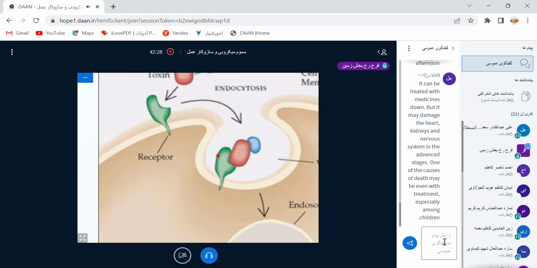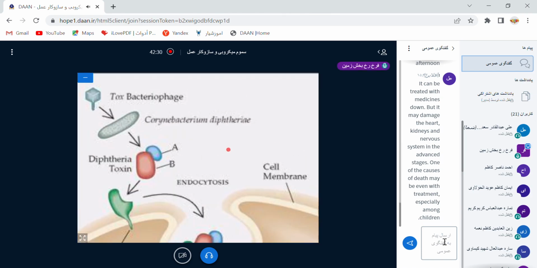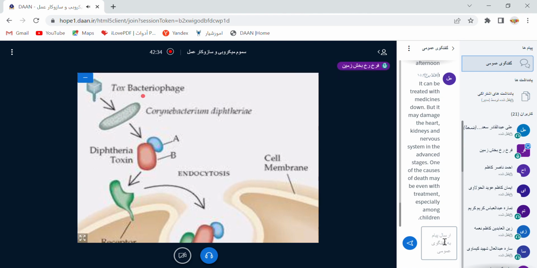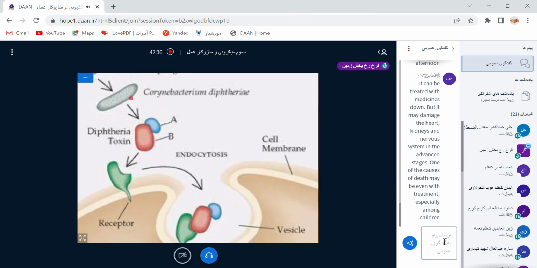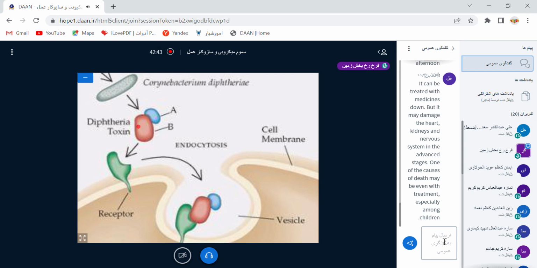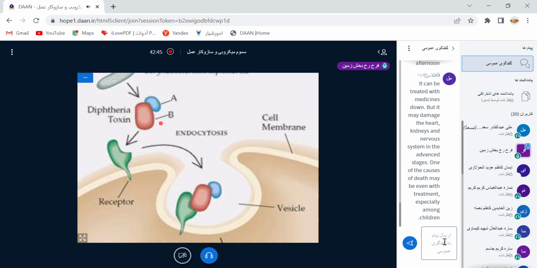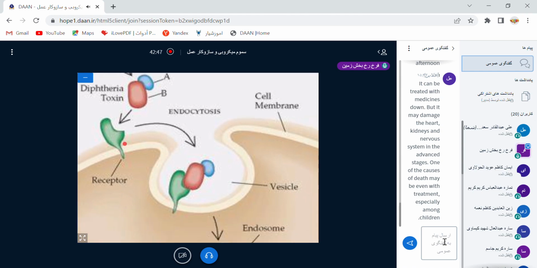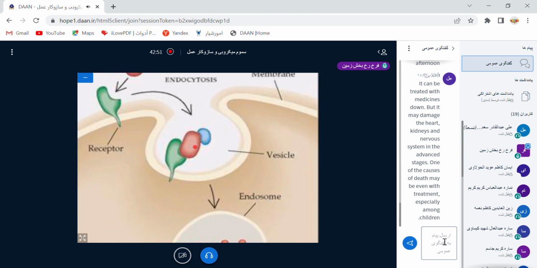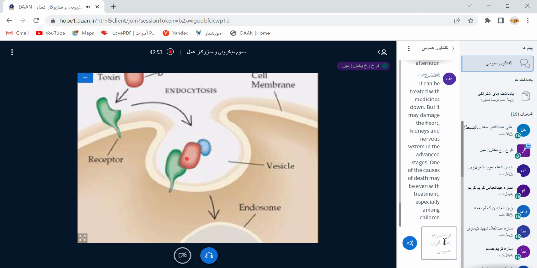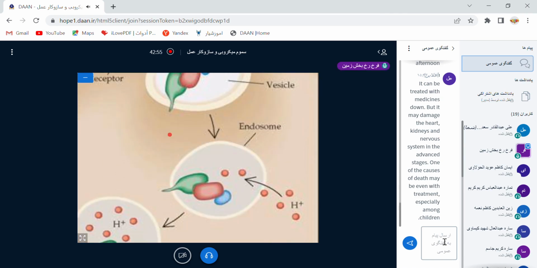In brief, for the last time, very fast: tox bacteriophage gives the beta toxin gene to Corynebacterium diphtheria. It produces a toxin with A and B. By B, they attach to the receptor. Then the phagosome sends them inside.